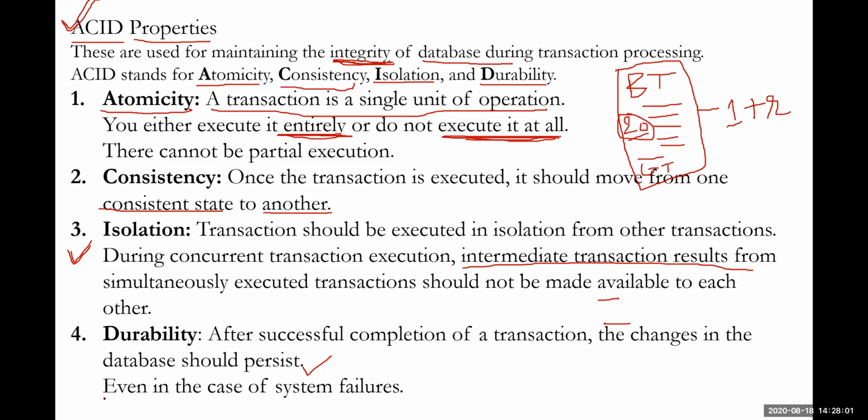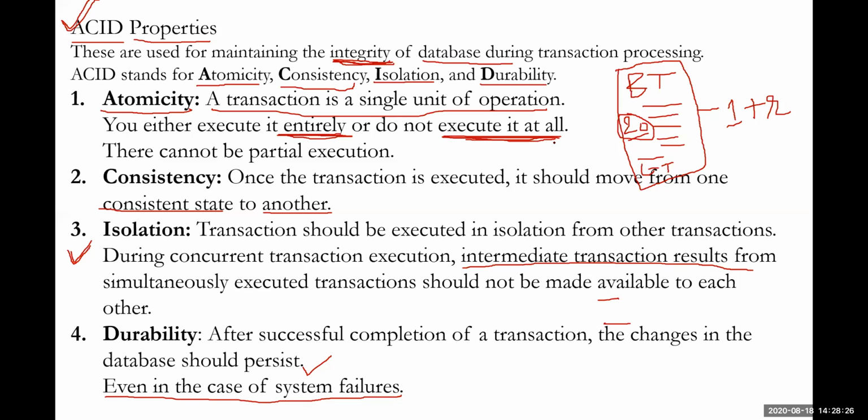Even if any failure occurs, for example a power failure, a catastrophic failure, a hard disk not working properly, or internet bandwidth not being available, you will have many kinds of failures.